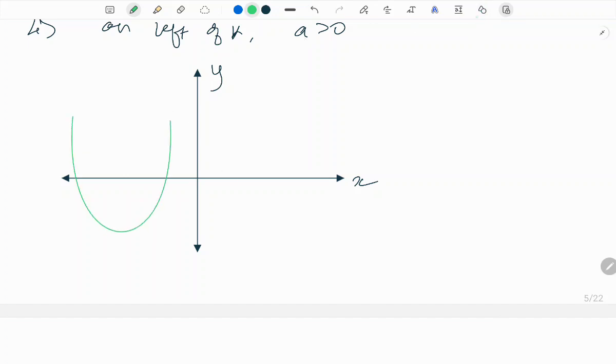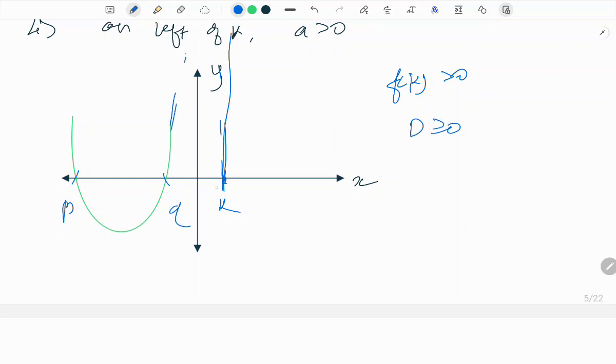This is a graph of a quadratic, and this is k, this is alpha, and this is beta. So now f of k would be positive, and D would be greater than or equal to 0. f of k is positive, as we saw from the graph.